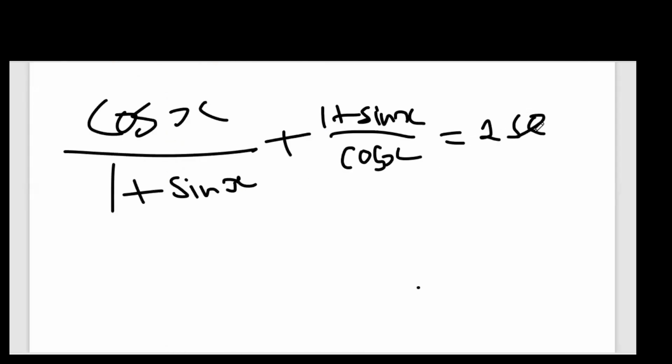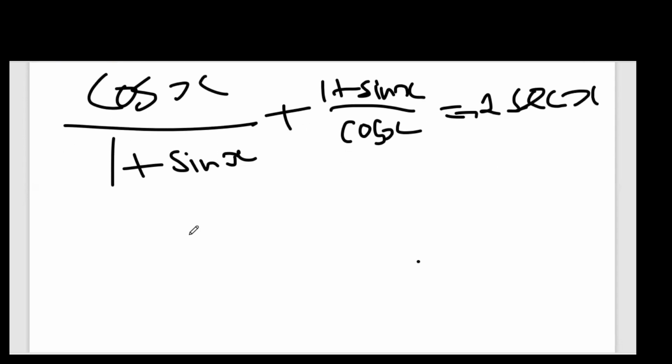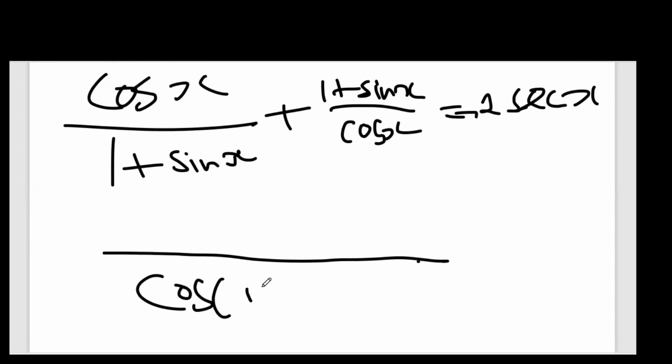Here we can see that the left-hand side is more complicated, so we'll look for the common denominator, which will just be cos x times 1 plus sin x, and that equals the right-hand side.